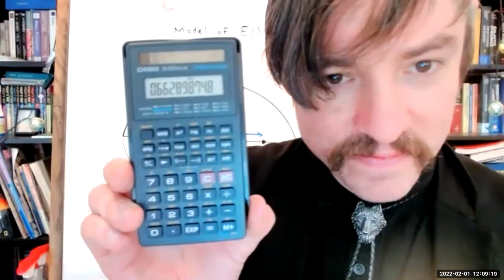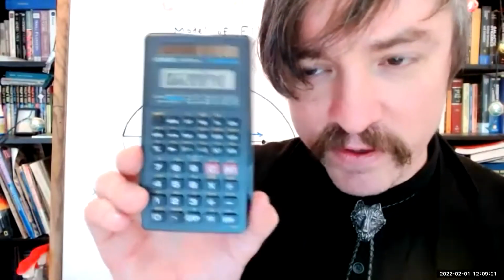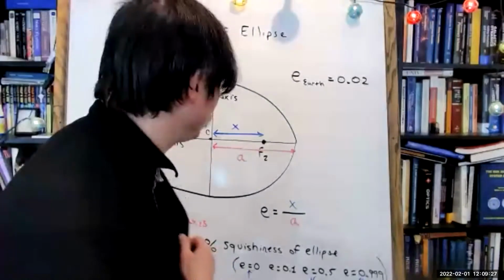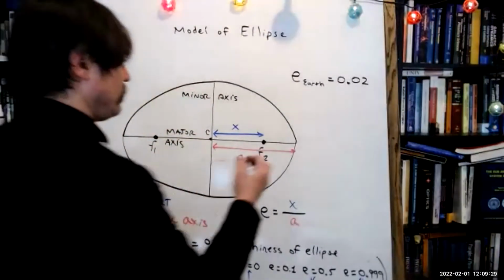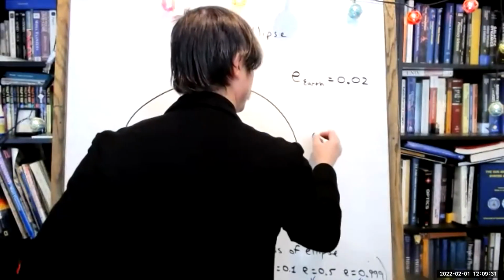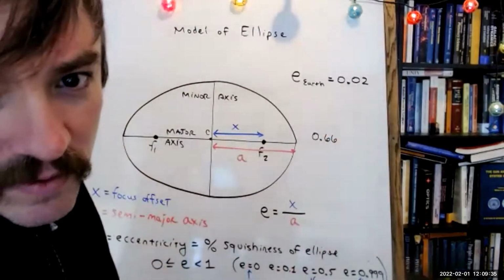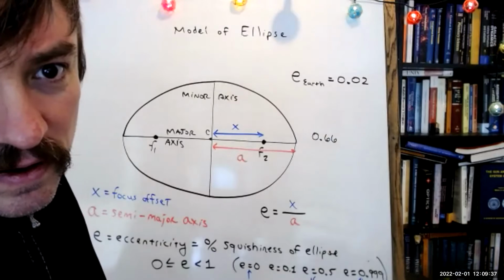Is 0.66 a random number? Is it like the most random number you've ever heard about between 0 and 1? No. 0.66 reminds me of something, doesn't it? What is 0.66? Anyone know their fractions? 2/3.